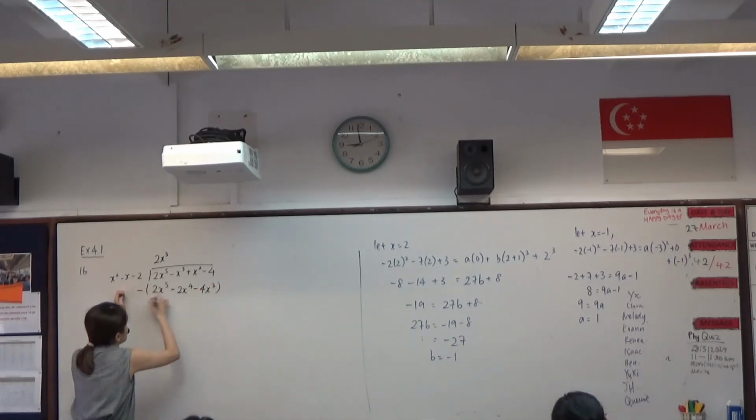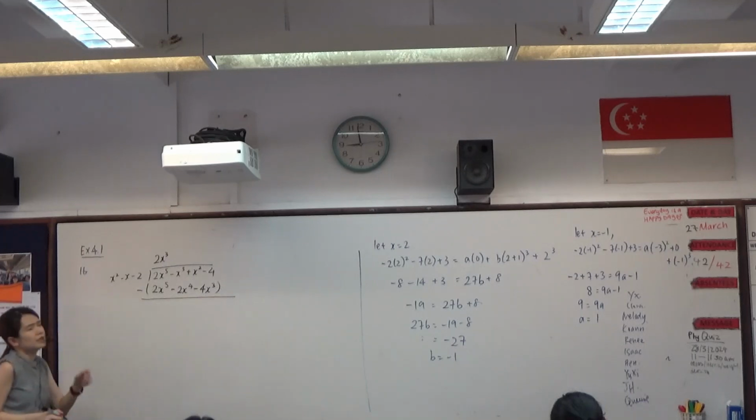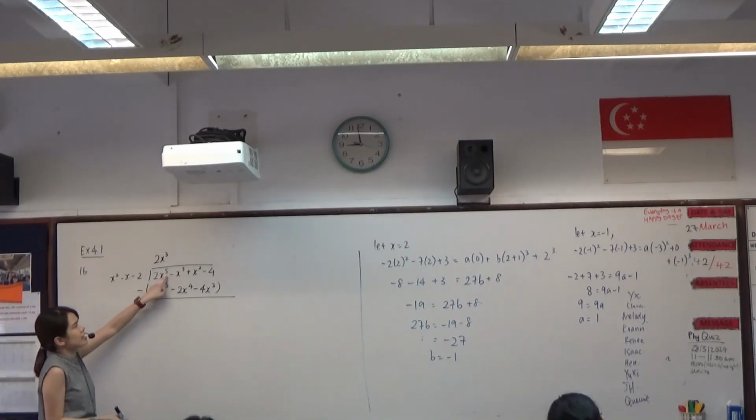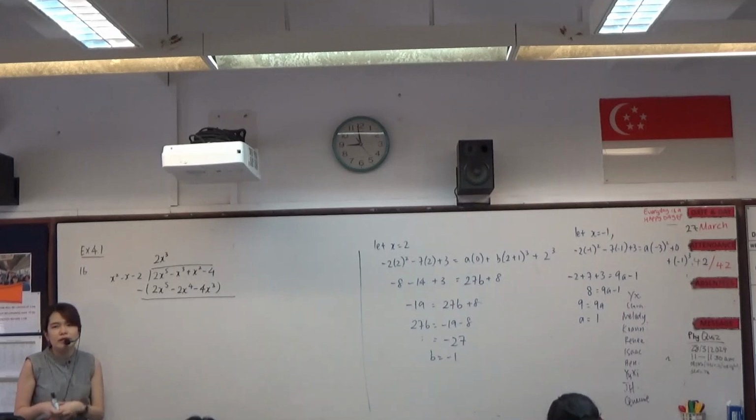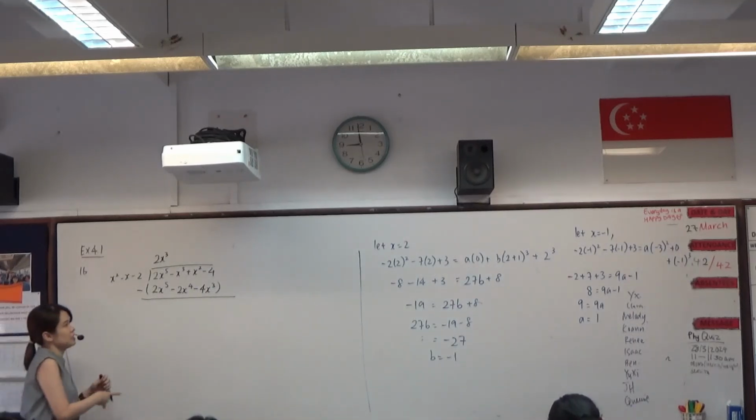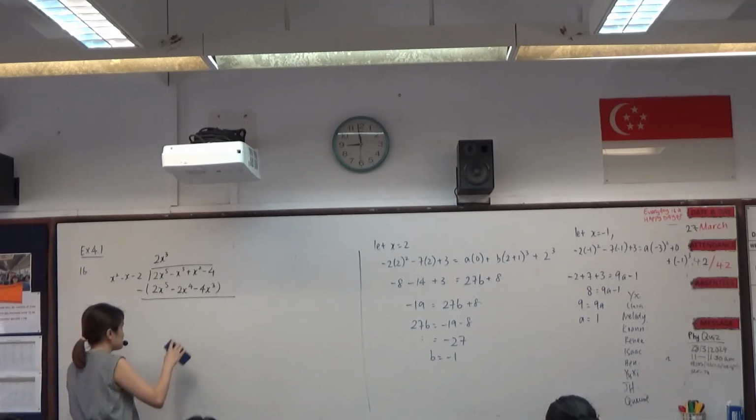Notice that my terms are not aligned. I don't have an x power 4 term over here. So if you want to build your skill in your long division, maybe you want to align your terms first.